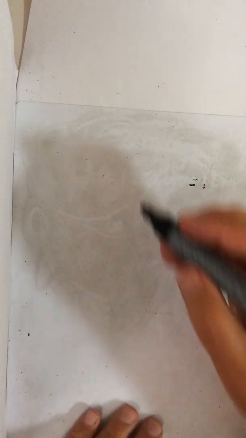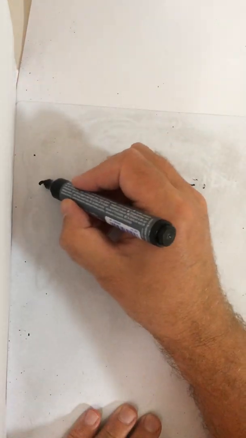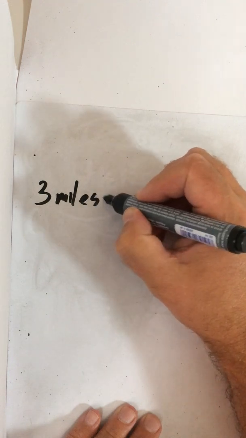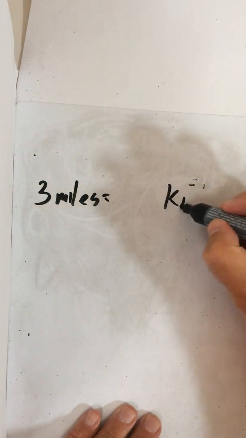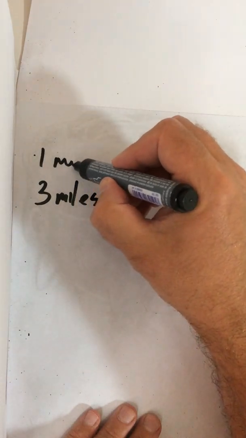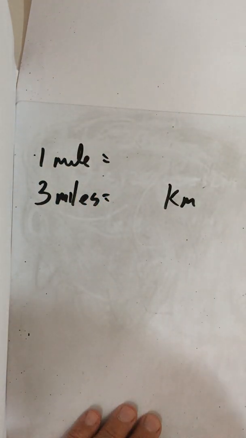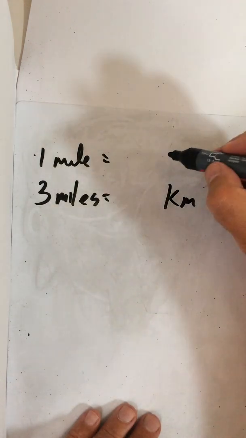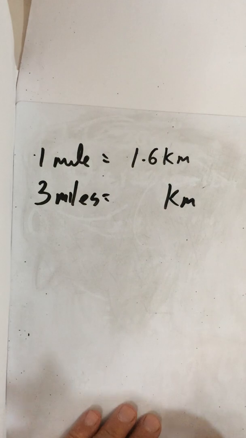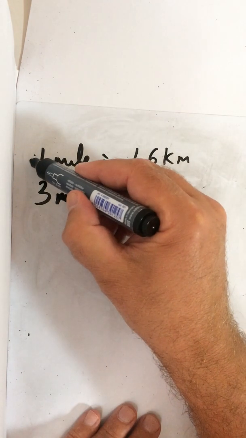Okay, so let's have a look. 3 miles will equal how many kilometers? Let's find out what we know. We know that 1 mile is equal to, let me just check on my list, 1.6 kilometers. Looking at these numbers, I think it's probably easy to go this direction.